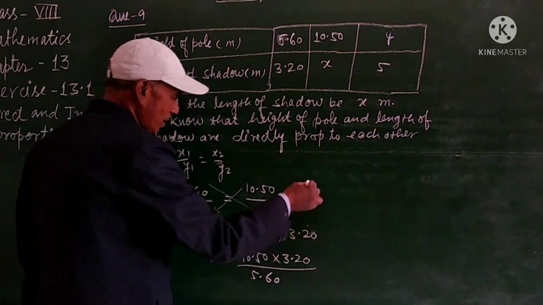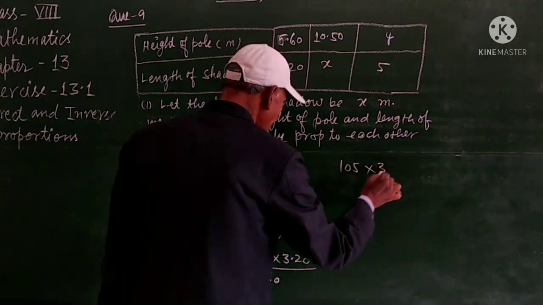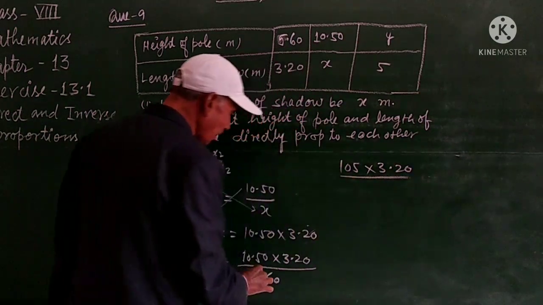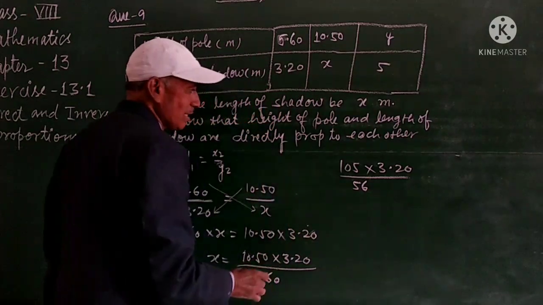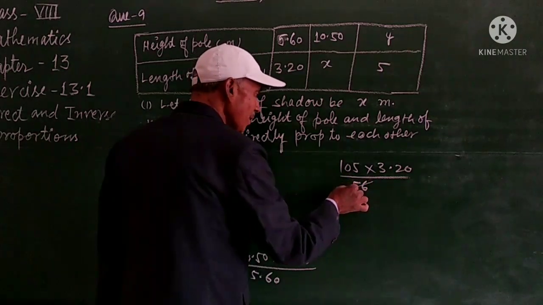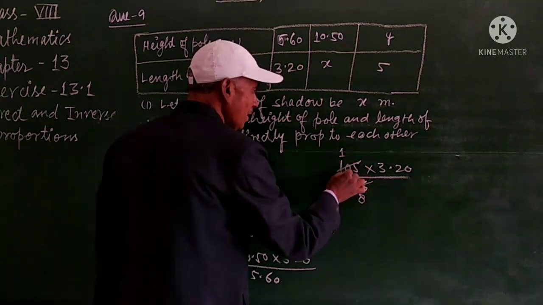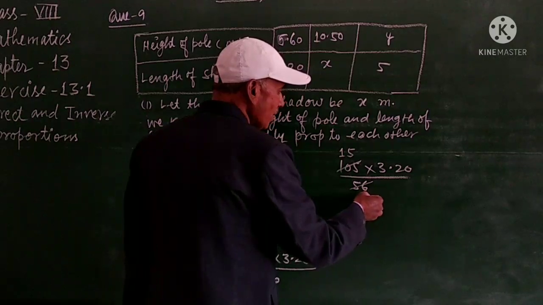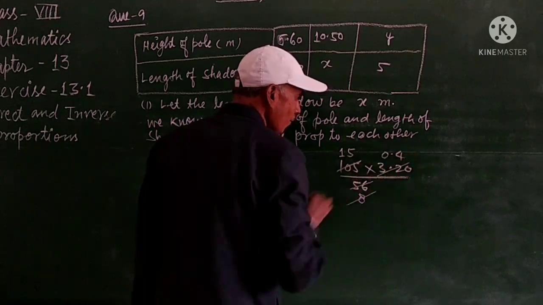So it will be, student, 105 into 3.20 divided by 56, not 5.6, because we have removed the decimal, student. So 7 8 ja 56 and 7 1 ja 7, 7 5 ja 35. Clear, student? Now 8 4 ja 32, it will be 0.4.